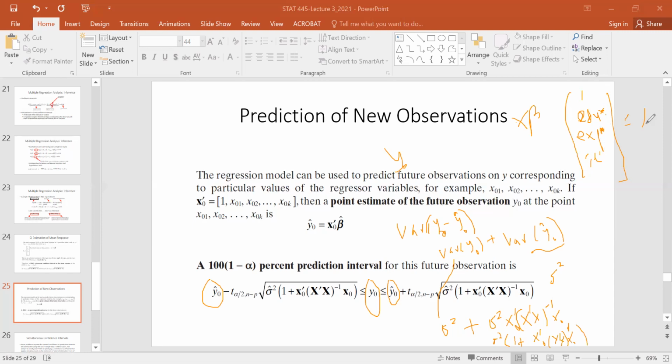We are just calling them x0. But all of them for all the data points will be capital X. But we are isolating a case where there's a constant, maybe education is 5, experience is 8, tenure is 7. We are isolating a particular point from that vector. That's why we are calling it x0. And that's what we are doing, prediction of a new observation at a particular point like this. So this can be your education number, experience, and so on. So remember all these formulas.